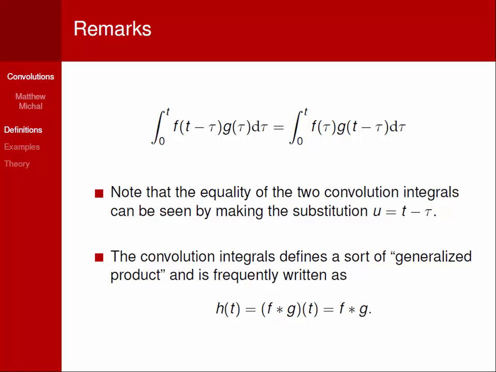And as I mentioned earlier, this becomes a generalized or special product, and it's written as F asterisk G. I don't care which version of these you use. For some reason, analysts like this. By analysts, I mean people who study analysis, not data analysis. I tend to like the F asterisk G without the t floating around because it makes me think I'm multiplying by t, not that t is my variable that I'm plugging in.